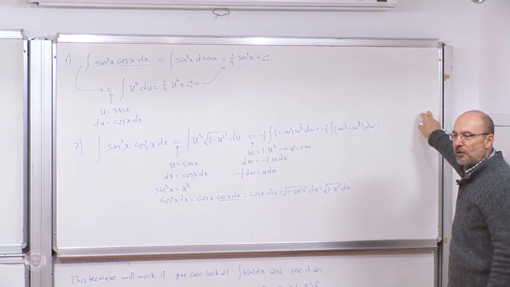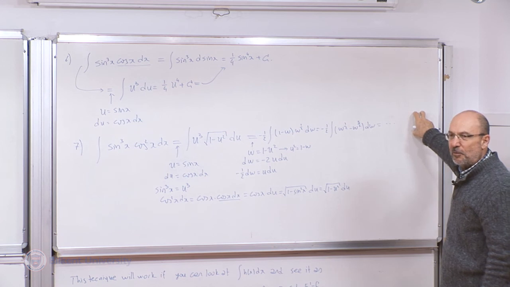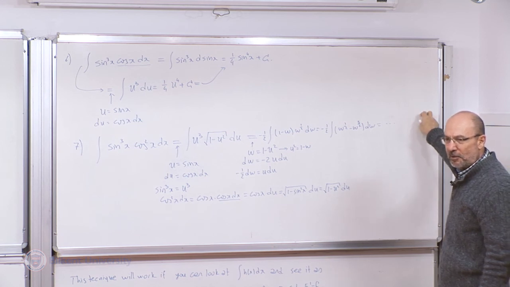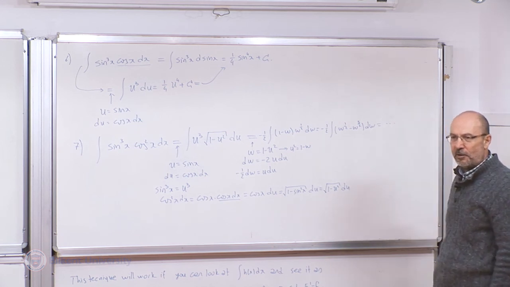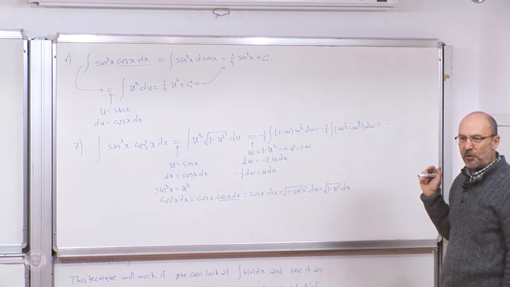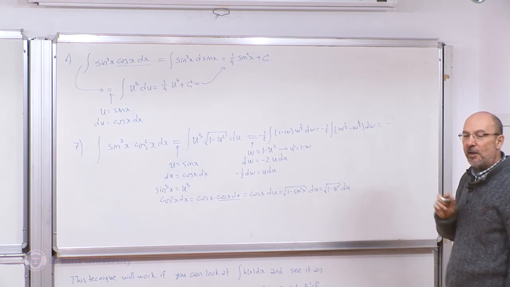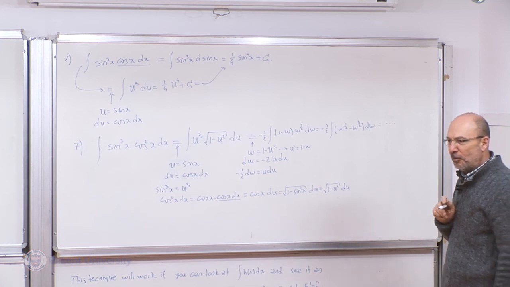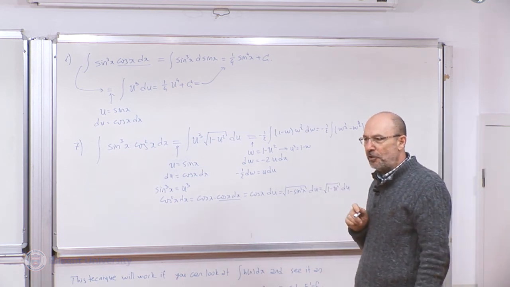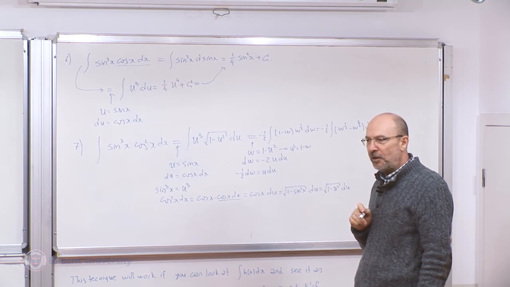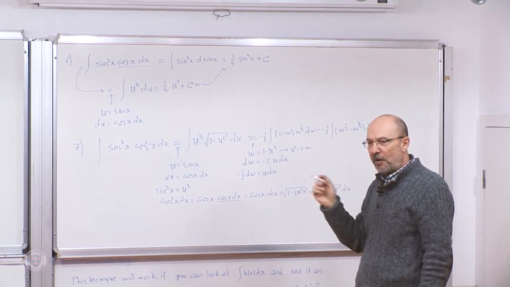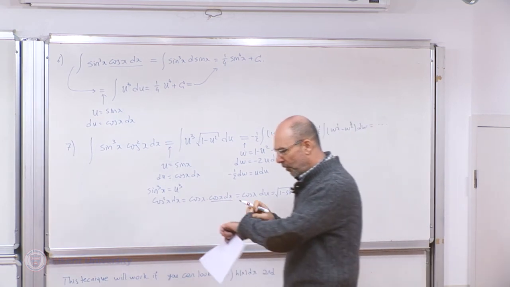Okay? So since that plus c means an arbitrary constant, you put all those constants together, and the two expressions will be the same. So that's why we insist that you write the plus c there, so that two different expressions for the antiderivative will be the same after you play with the constants.